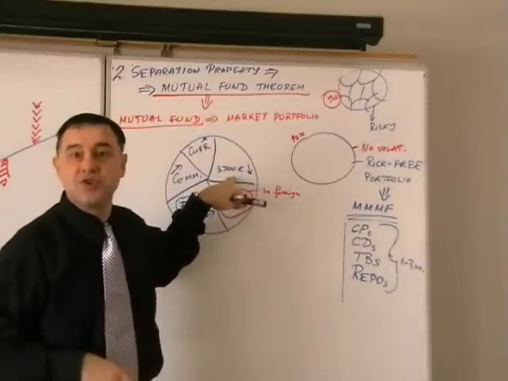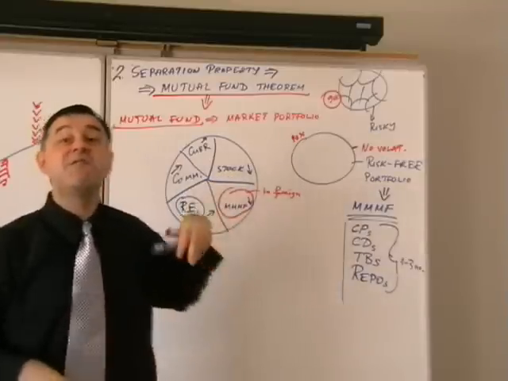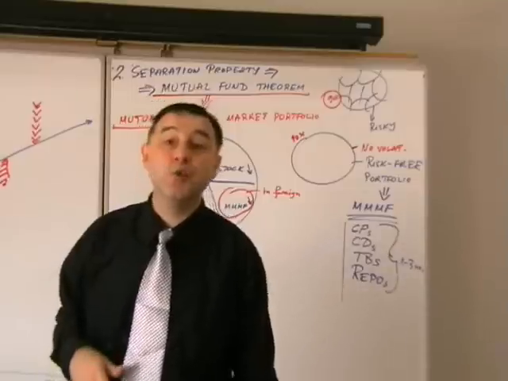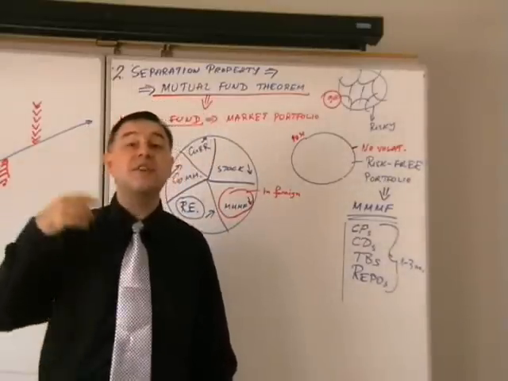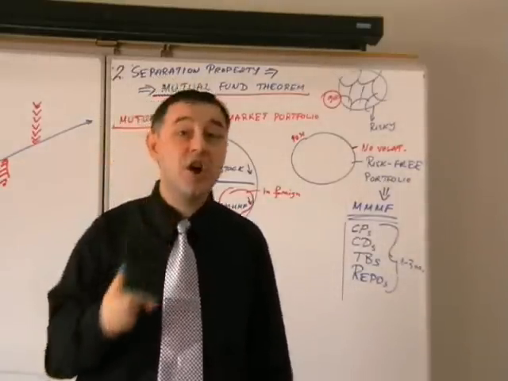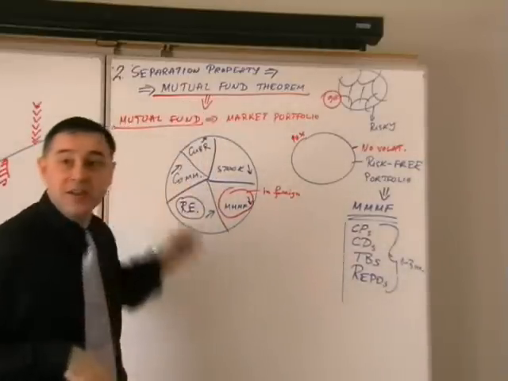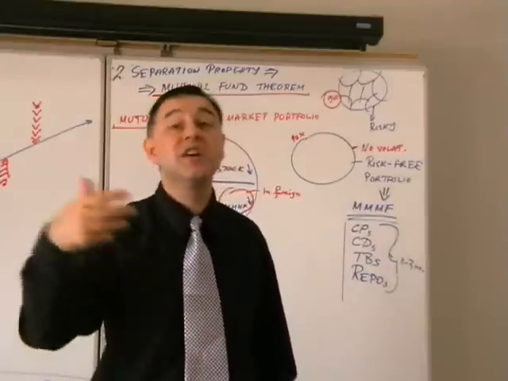Similarly with stocks, he doesn't say don't invest in stocks, but he says that these stocks should be foreign stocks. In other words, stocks of companies which derive their revenues either in real estate, commodities, or in foreign currencies.